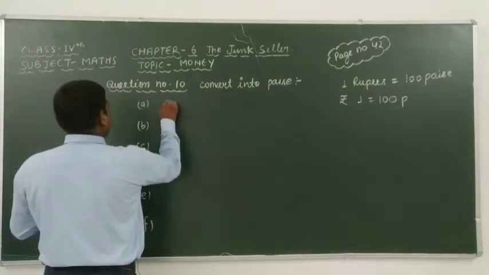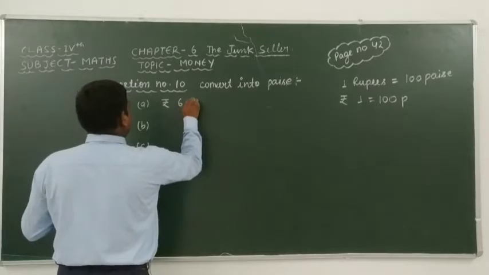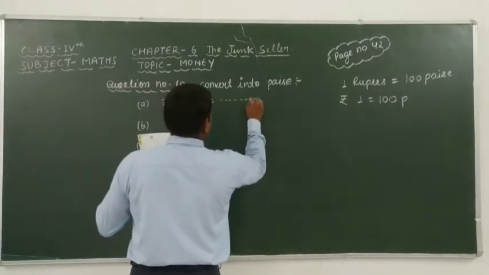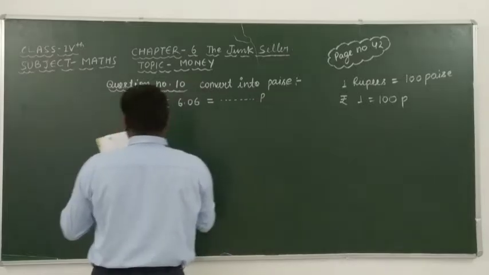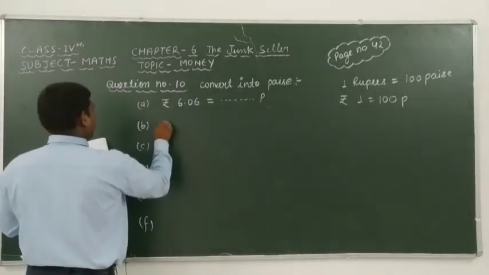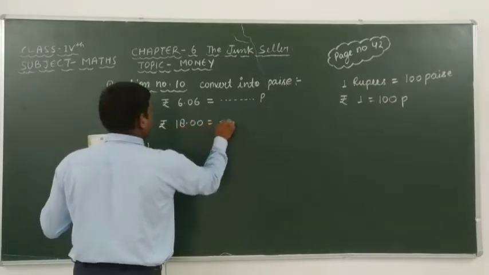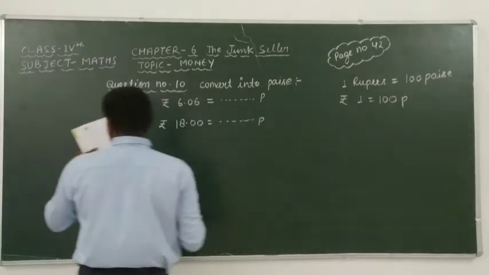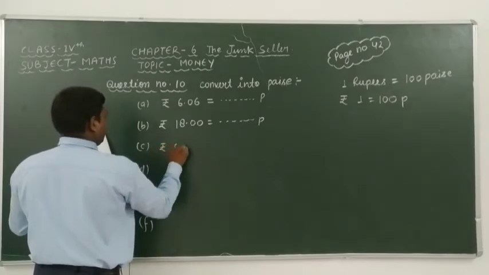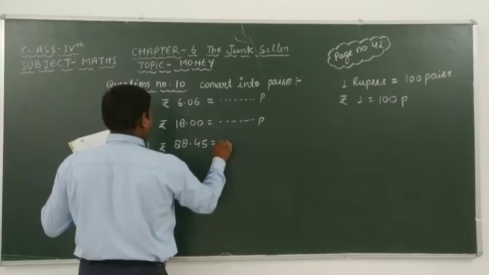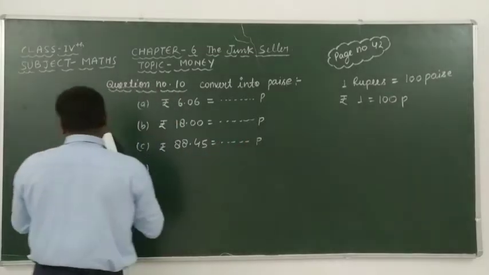Here given that rupees 6.06 is equal to how many paise? Rupees 18.00 is equal to how many paise? Rupees 88.45 is equal to how many paise?